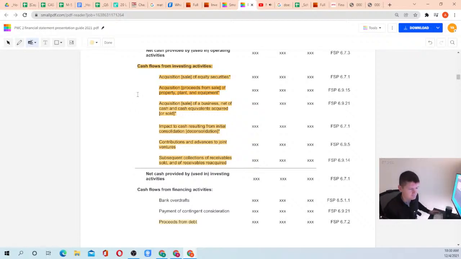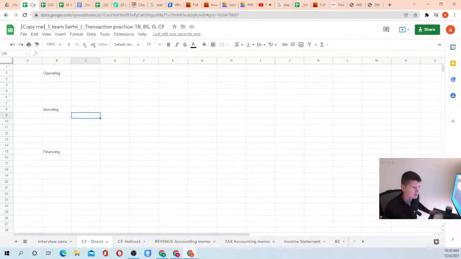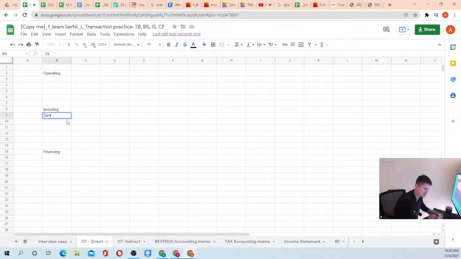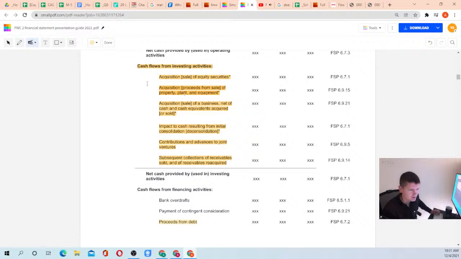Okay. So let's say here, same as with indirect. And financing is also the same as in indirect. And for cash flow indirect, I will just do screenshots from the guidance. Print screen.